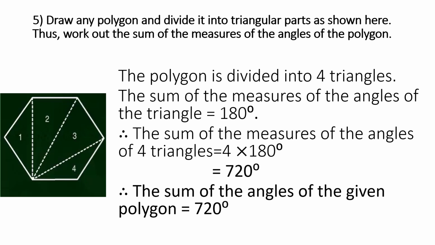Here the polygon is divided into 4 triangles. The sum of the measures of the angles of a triangle is 180 degrees. We already know it. And the sum of the measures of the 4 triangles formed in this polygon is 4 into 180 degrees, that is 720 degrees. Hence, the sum of the angles of the given polygon is 720 degrees.